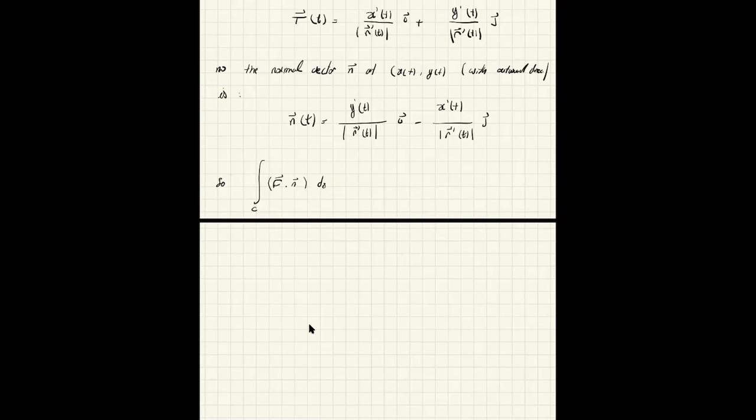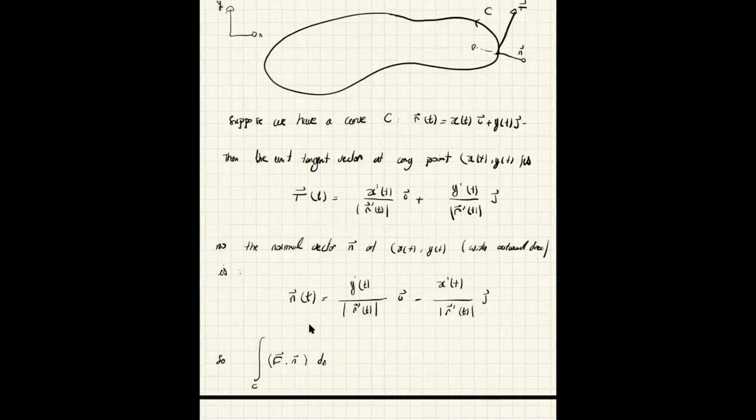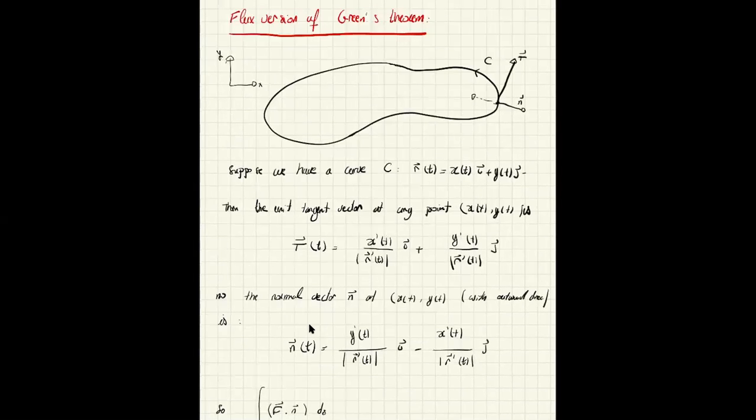It really looks like the one we just did, but it's really a 2D case, so this is really the ds, not the surface. It's the length of the curve. So what is this?